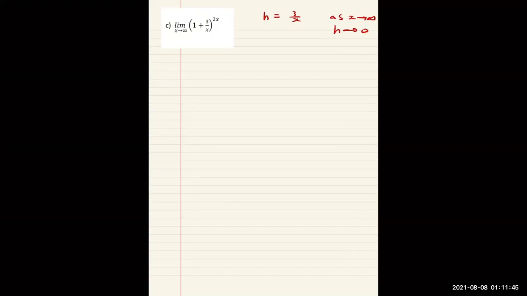So I can rewrite this limit statement as the limit as h approaches 0 of 1 plus h, where 3 over x is h. That's the change of variable I'm using. You will see why I'm using that particular change of variable.